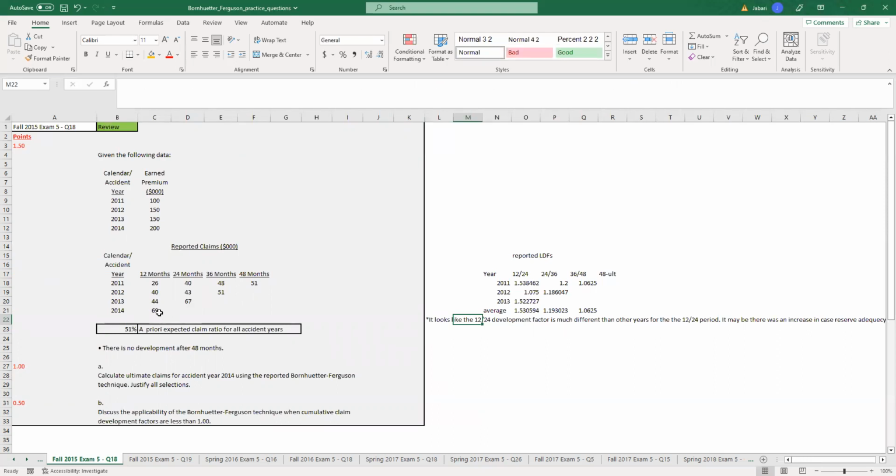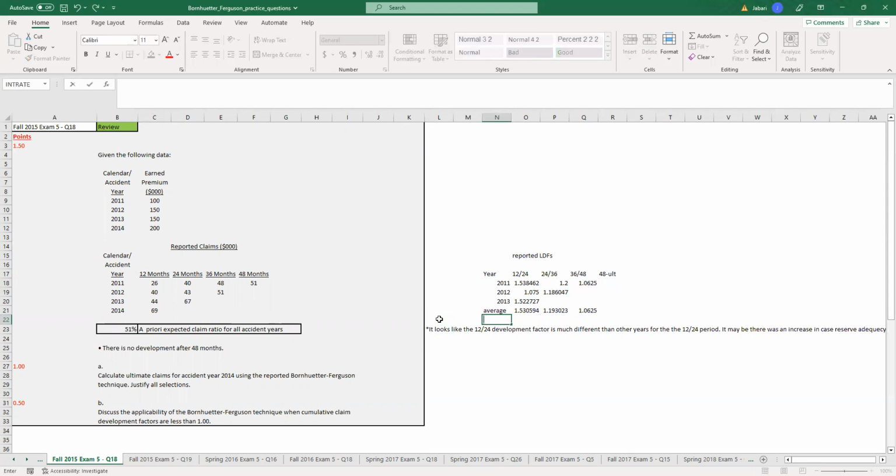And if you look here, it also looks like 2014 has a bump up. So who knows, maybe for the 2014 12 to 24 reported loss development factor, there will be an increase in case reserves, which will drag down the loss development factor for that year. But for now, we assume that 2014 is okay.